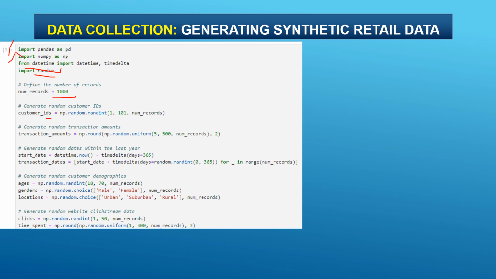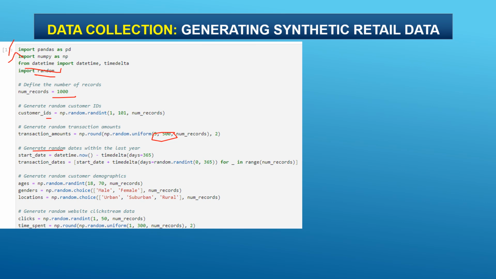Random transaction amounts between $5 and $500 are generated and rounded to 2 decimal places. A start date one year ago from today is calculated, then for each record a random date within the last year is generated.